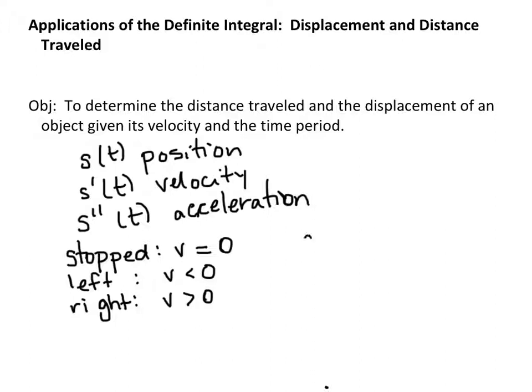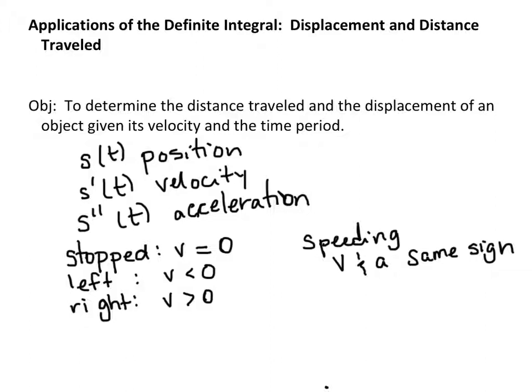We know it's speeding up if velocity and acceleration have the same sign. And we know it's slowing down if velocity and acceleration have the opposite signs.